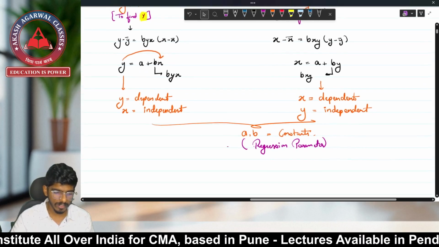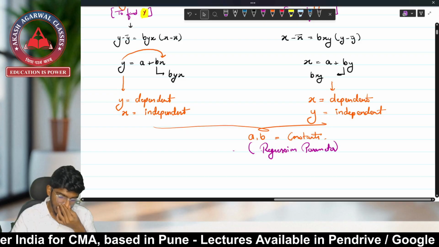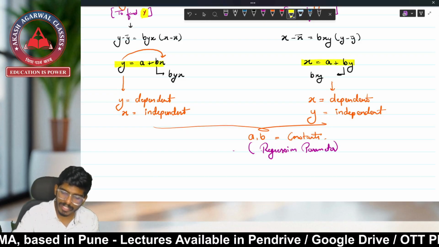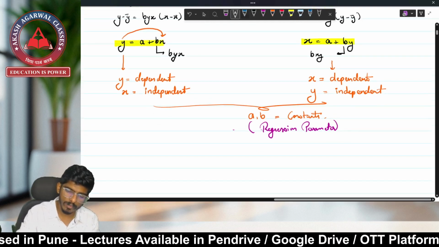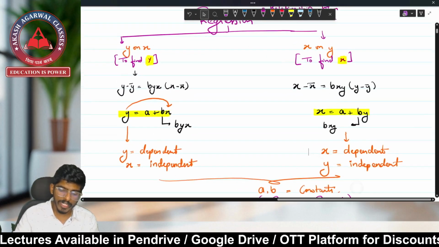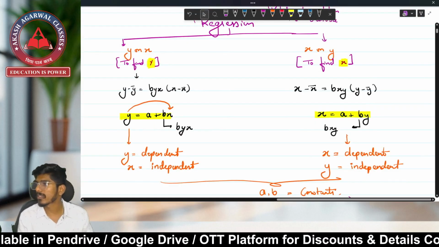So you have to understand this thing. And one more thing you have to understand, in either the first equation or the second equation. Let me write down these equations over here. These are all the MCQ based points that can be asked. There are two regression equations. One, if you need to find y, that is y on x.